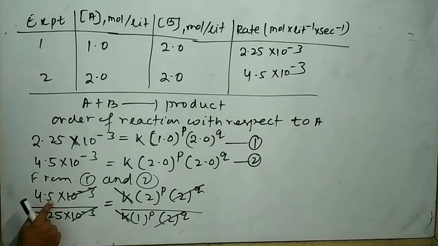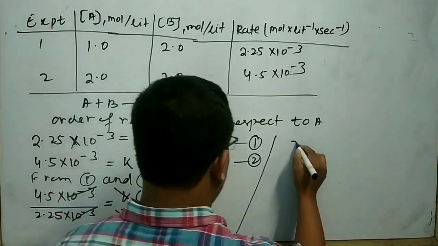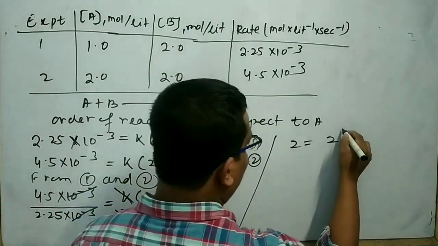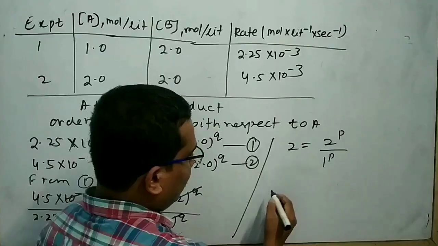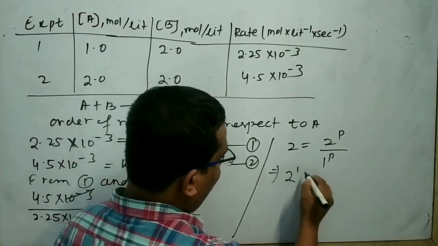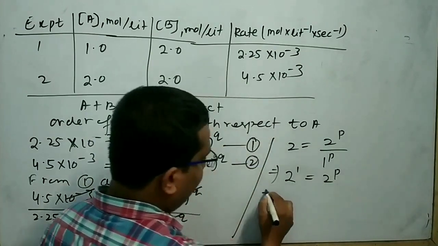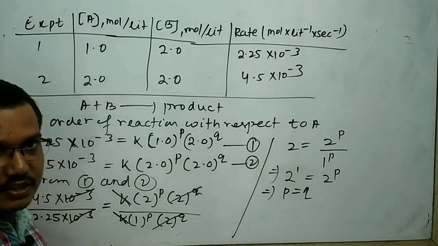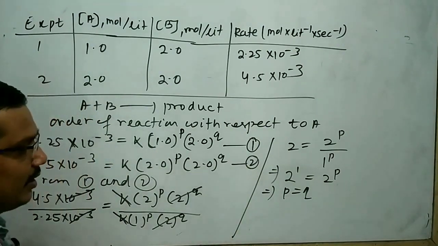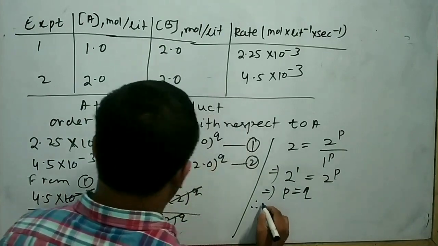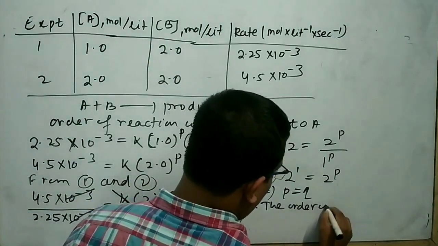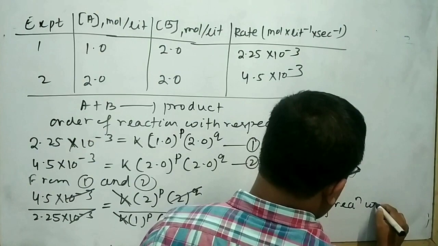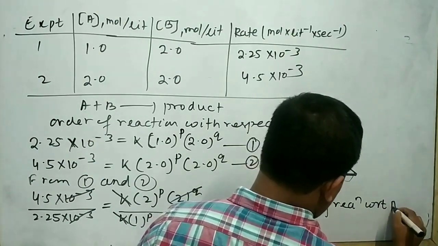When 4.5 is divided by 2.25, then 2 is obtained. So here we can write 2 equal to 2 to the power P divided by 1 to the power P. That means 2 to the power 1 is equal to 2 to the power P. Therefore P is equal to 1. P is the order of reaction with respect to the reactant A. Therefore the order of reaction with respect to A equal to 1.